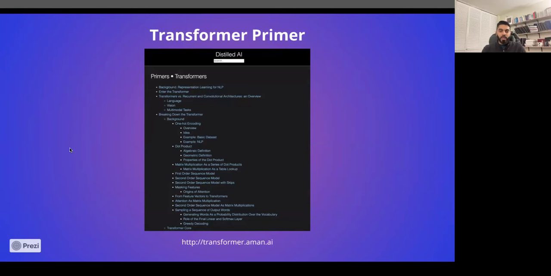And I've put together a whole lot of different observations and content about transformers to understand the architecture better, to understand the underlying math better, to understand how transformers perform relative to RNNs or CNNs in text use cases, vision use cases. So offering an overview of that, and a whole lot of other resources and pointers beyond the primer itself. I've linked within the primer to understand various pieces of the transformer architecture.